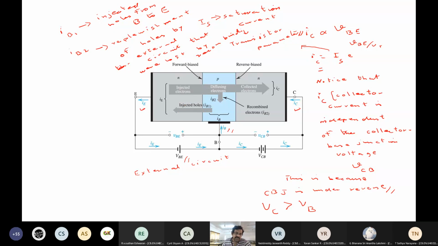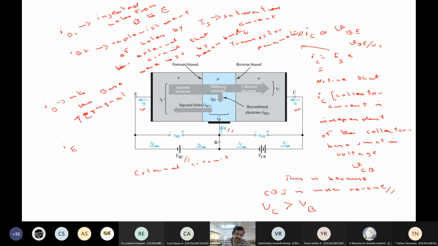Therefore, IB is into the base terminal. Please ensure IB is into the base terminal.